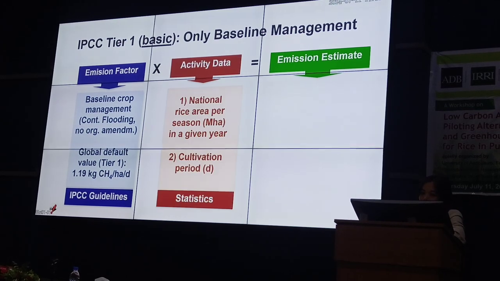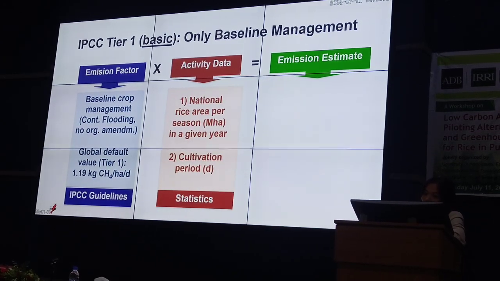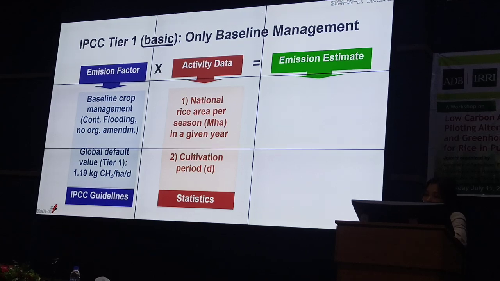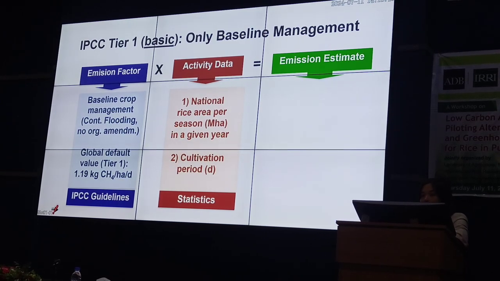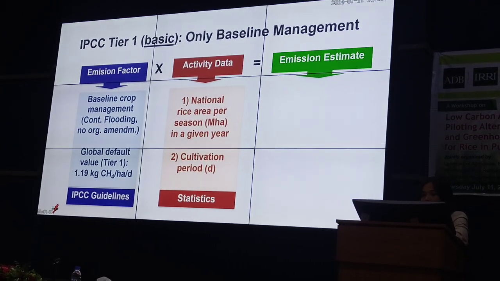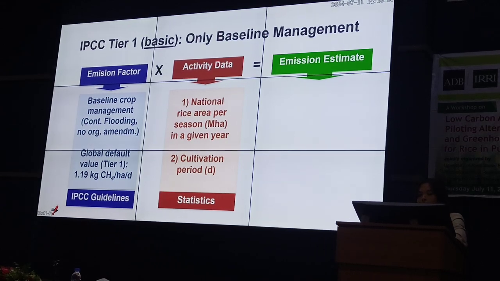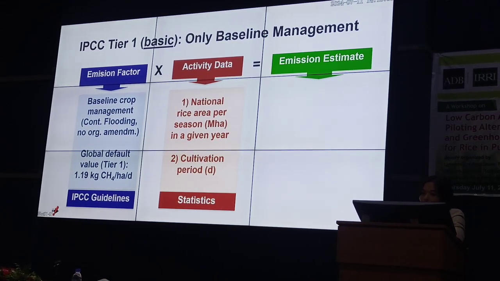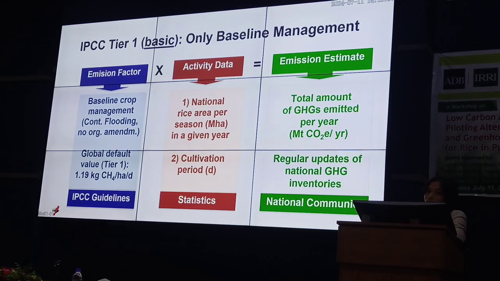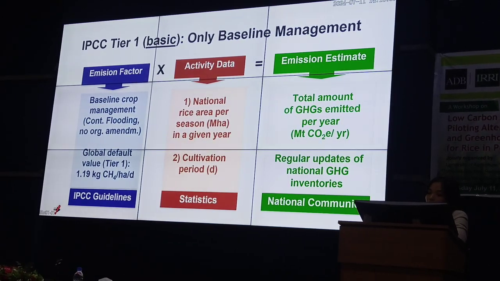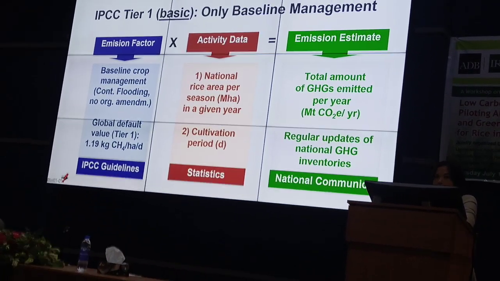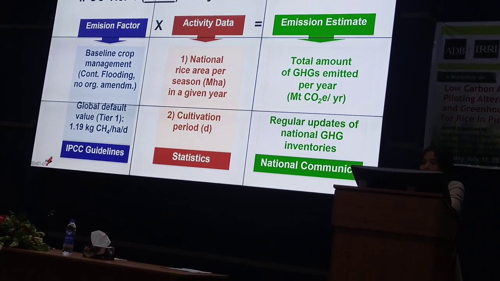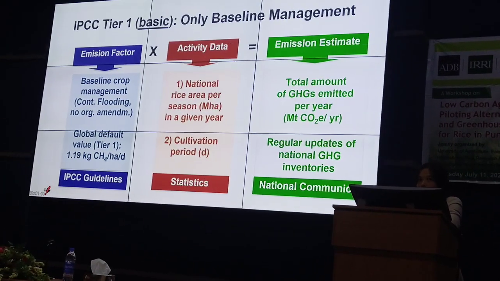Then we need the activity data, and for the Tier 1 approach we can use statistical data of the national rice area per season in a given year, and we also need the cultivation period. After we have the emission factor and activity data, we can estimate the total emission of the country, and this can be put into the national communication, and then of course it can be regularly updated for the national inventory in the next round.